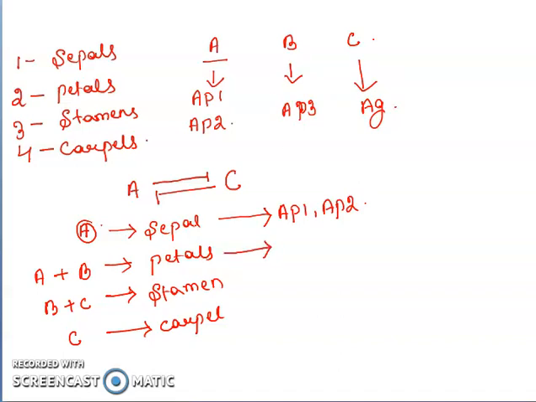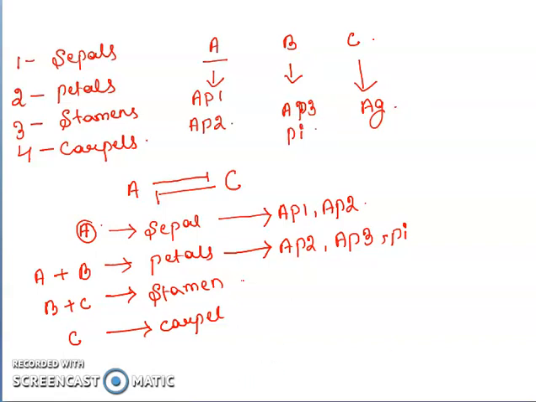Here, in case of petals, the A class gene will be expressed, but only Apetala 2 will be expressed, and Apetala 3 of B and Pistillata will be expressed. Here I have not mentioned that in the B class gene there is presence of Pistillata also.